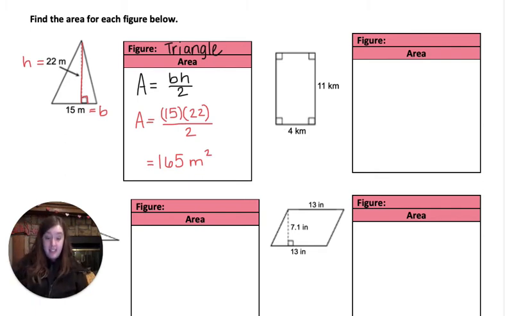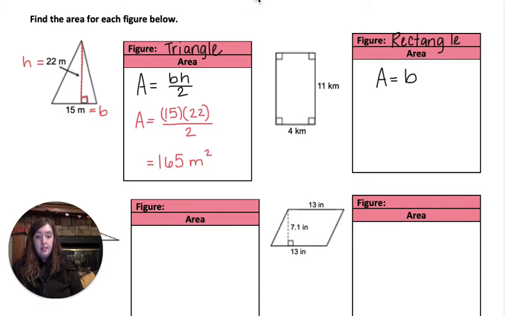Now let's look at this next guy. He's a rectangle. To find the area of a rectangle, we'll take base times height, or length times width, however you want to think about it.